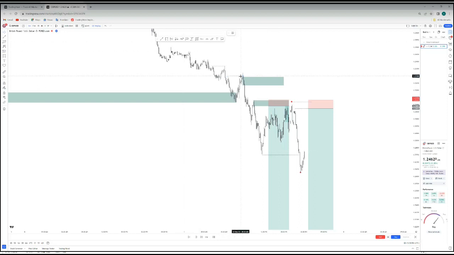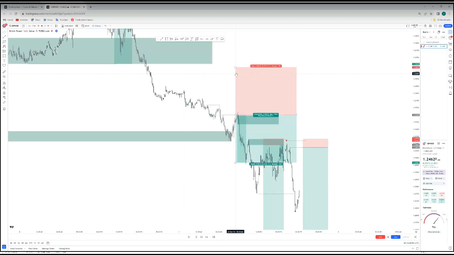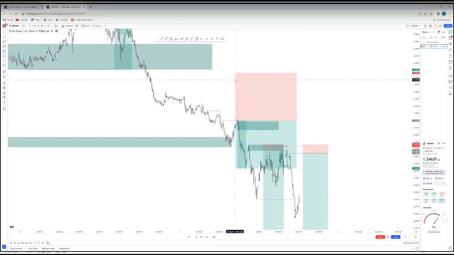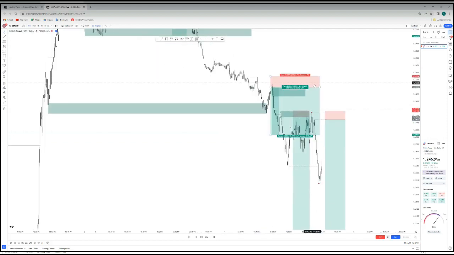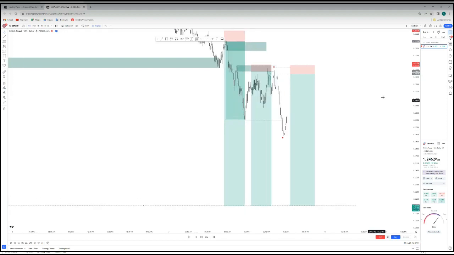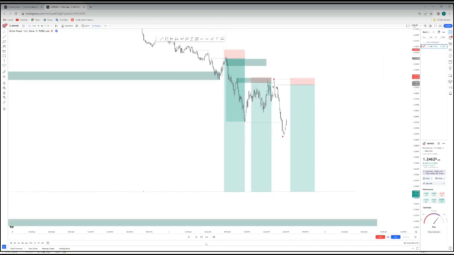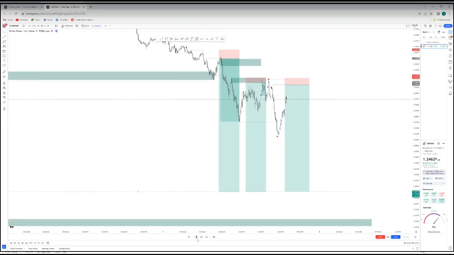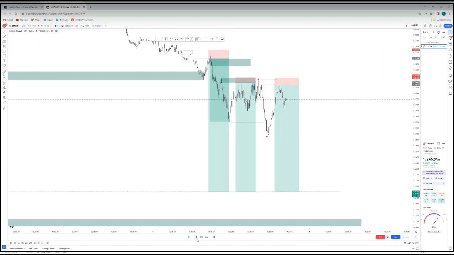Just remember it right now. Still the same low. All right. So now let's see. We are in already.